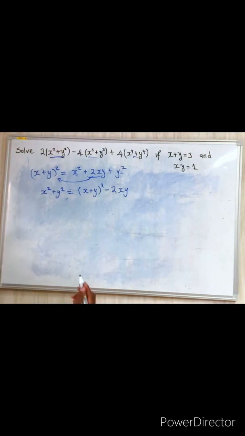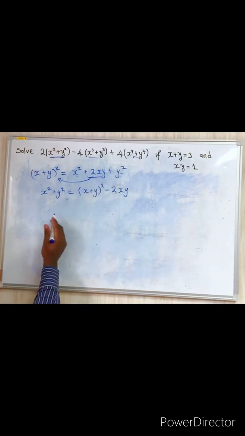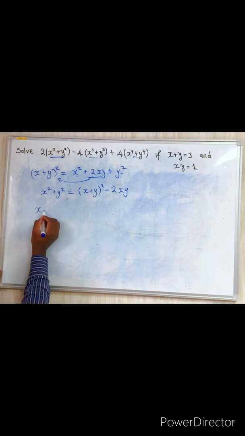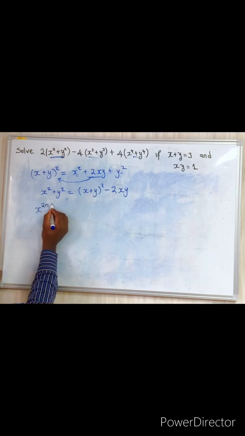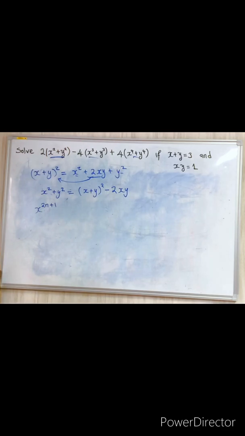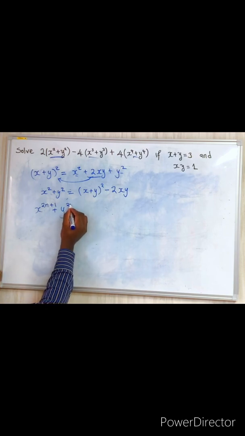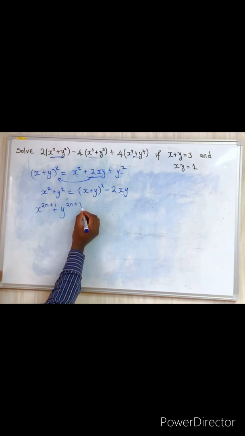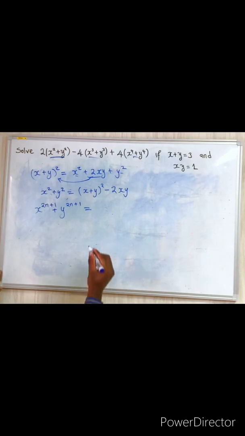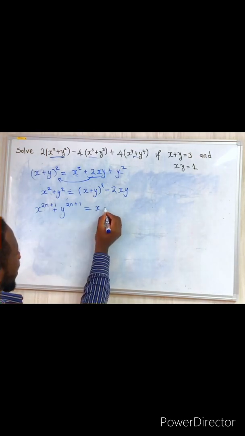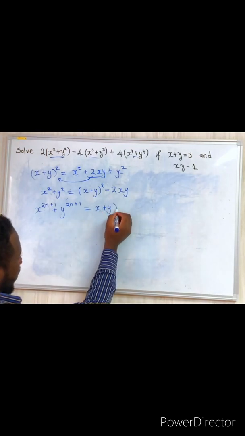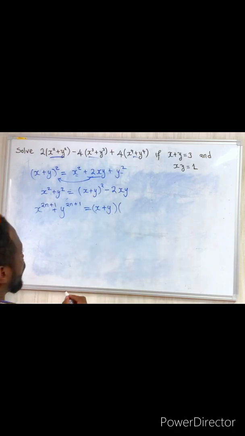So the general formula for such type of equations: if you have x to the power 2n + 1, like in this case where we have x³, the 2n shall just be 2, then the plus 1 will make it 3, plus y to the power 2n + 1. This will give you, the first time, (x + y) in bracket, then this will multiply.